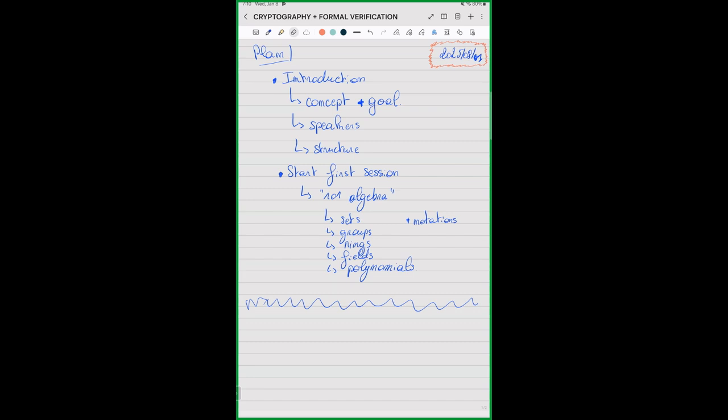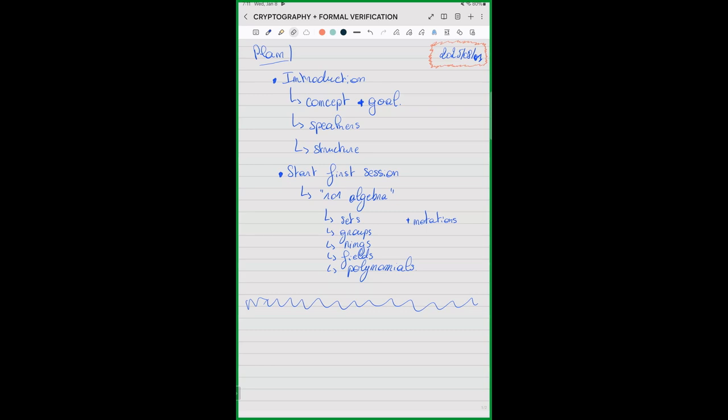So first, these meetings are going to be focused on trying to formalize cryptographic primitives and cryptographic properties and cryptographic protocols in some languages.